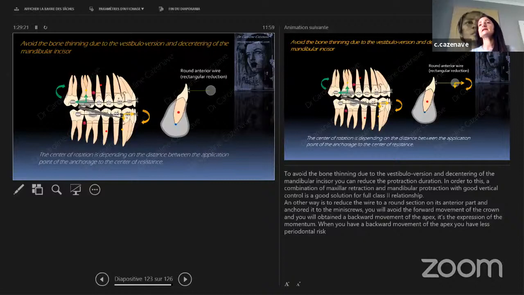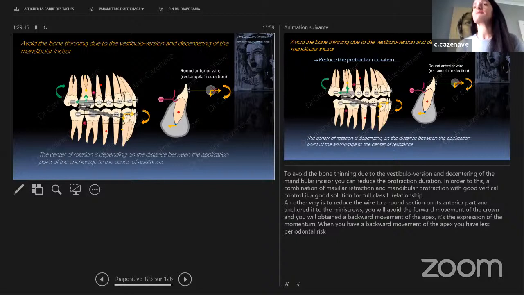Another way is to reduce the wire to a round section on its anterior part and anchor it to the miniscrew. You will avoid the forward movement of the crown, and you will obtain a backward movement of the apex. It's the expression of the moment. When you have a backward movement of the apex, you have less periodontal risk.